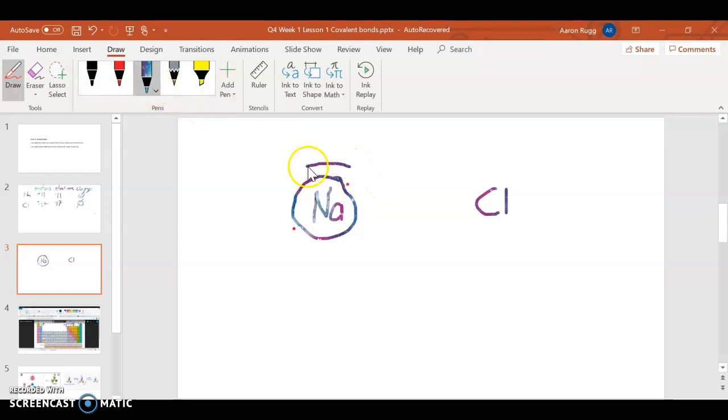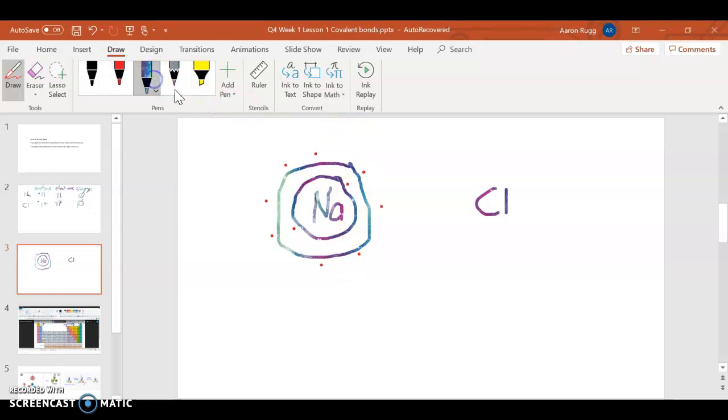This energy level is further away from the nucleus, and therefore it has a larger diameter and can hold more electrons. So in addition to the 2 electrons the first level can hold, it can also hold another 6 for a total of 8. 1, 2, 3, 4, 5, 6.